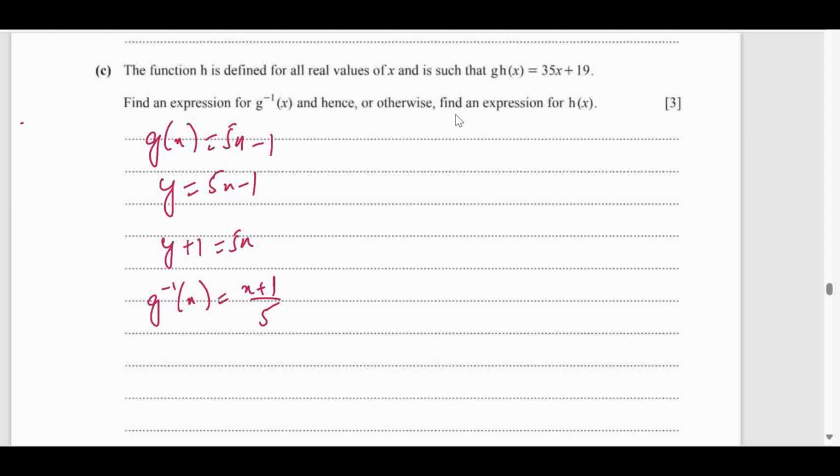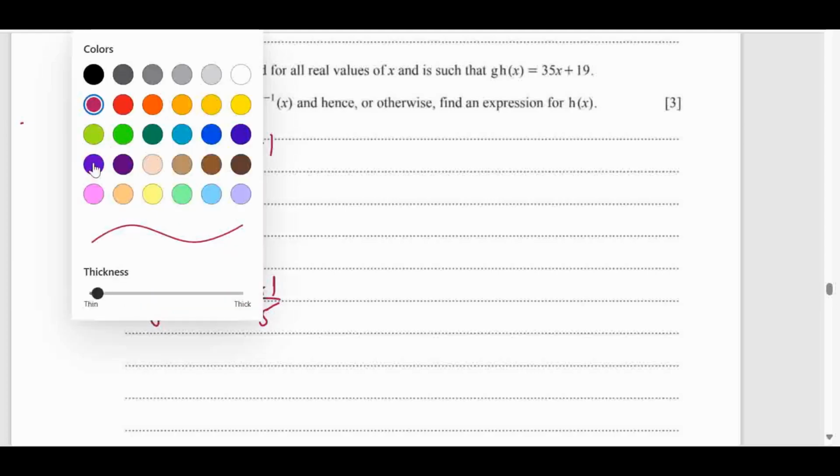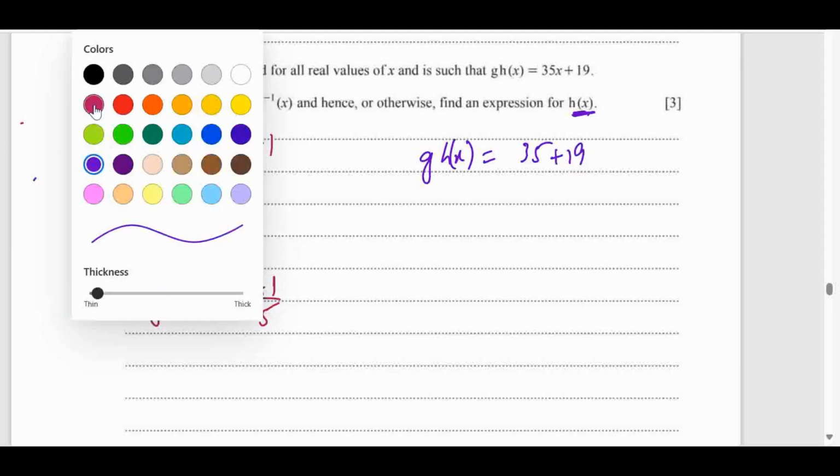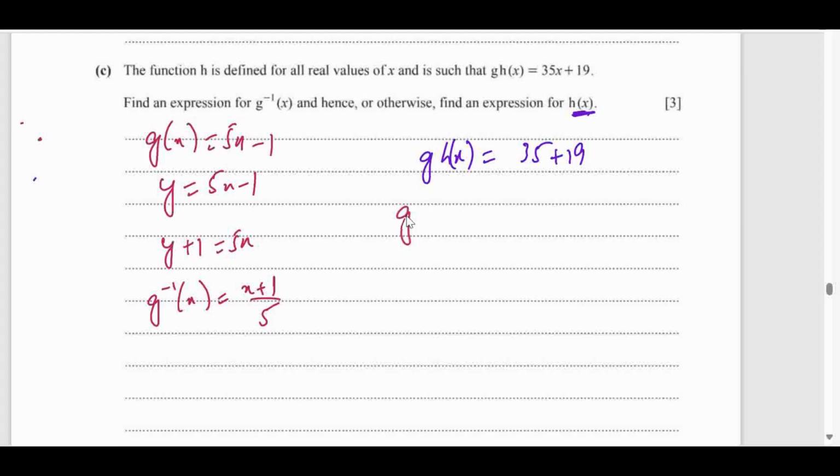Now hence or otherwise find an expression for h of x. Okay, now we know that we need to find this thing. It means that we need to perform the reverse process. g h of x is equal to 35x plus 19. Now if I ask you, g inverse g h of x means what?